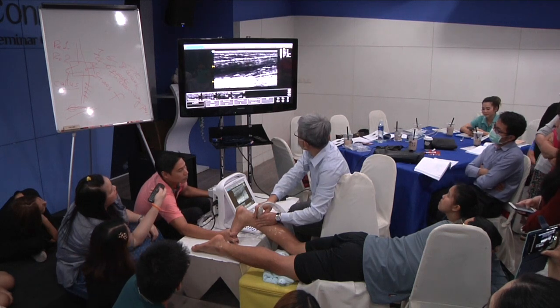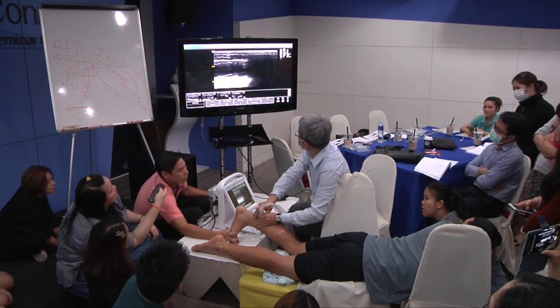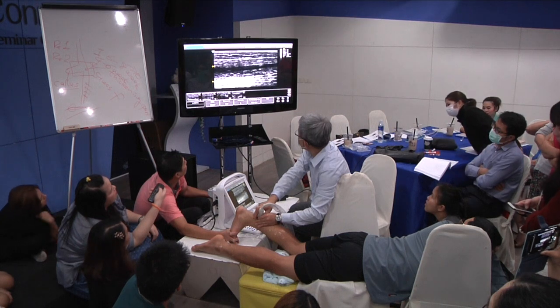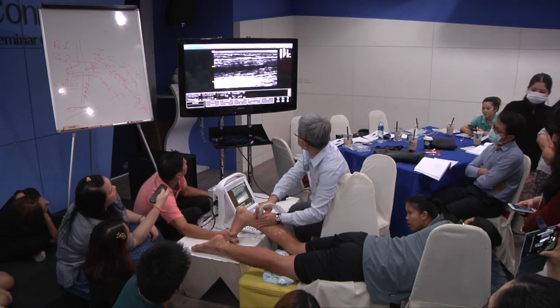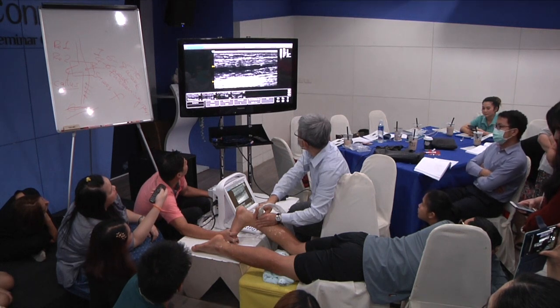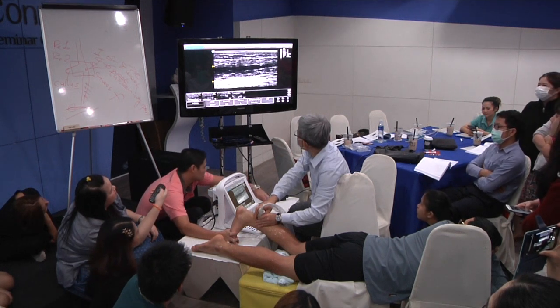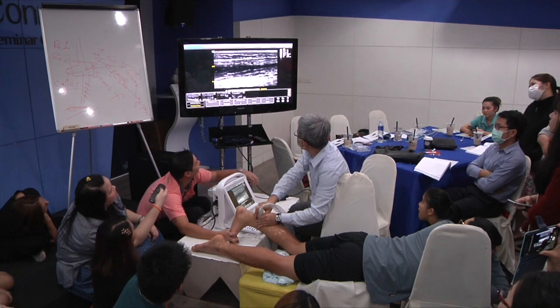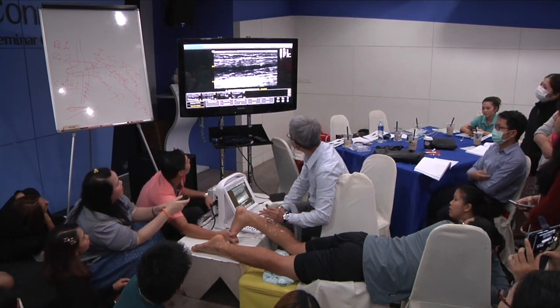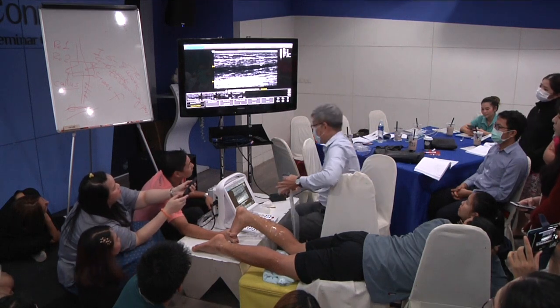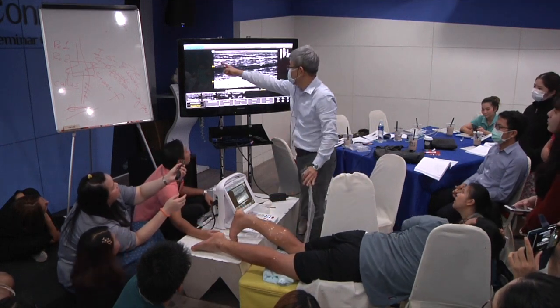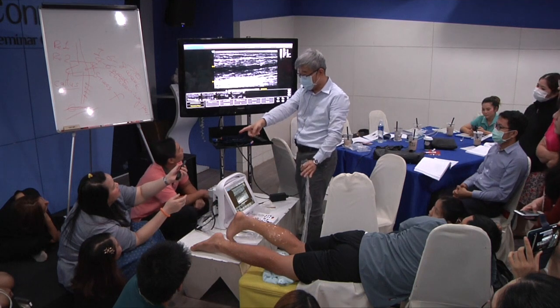Floating scale, heel lifting scale. Freeze. Okay, I did my best. Two layer structures.